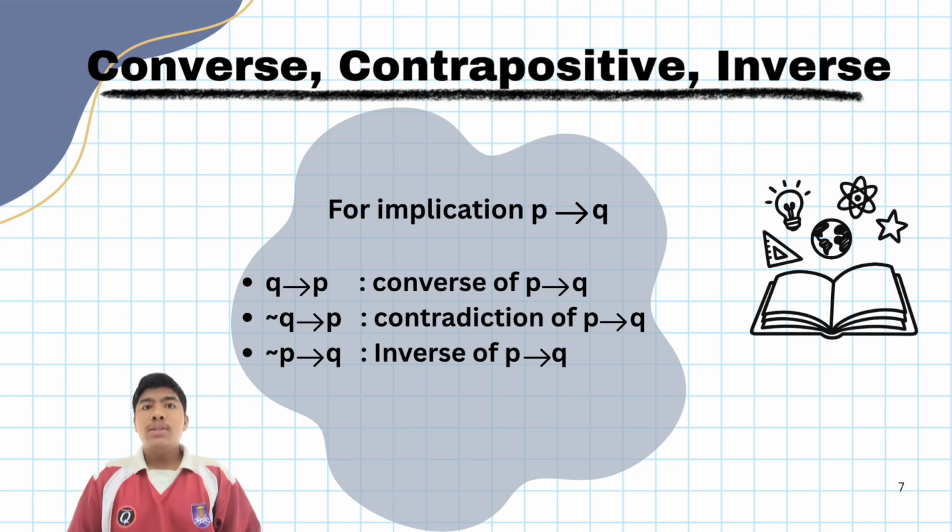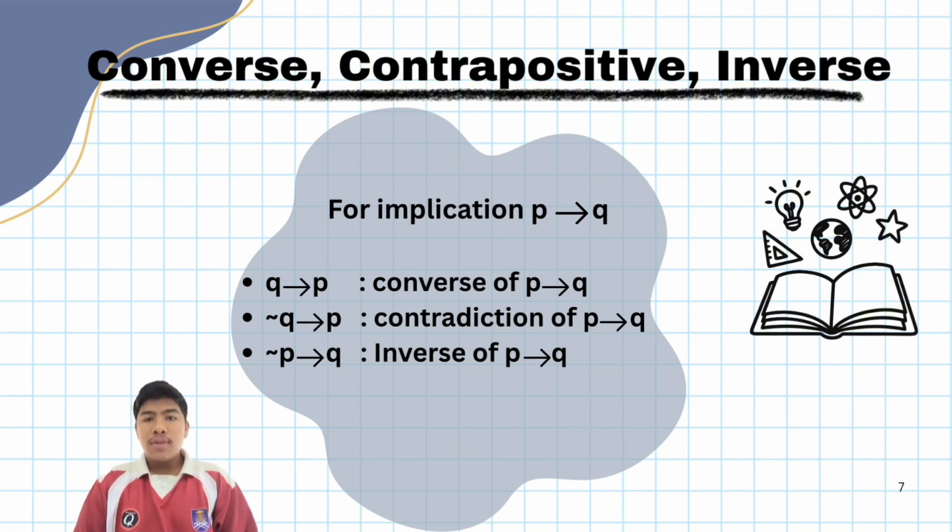Now, I will explain 3 logical forms of an implication, which are converse, contrapositive, and inverse. I will start with the original implication, P implies Q, which means if P then Q. First, the converse is formed by switching P and Q, so it becomes Q implies P. Next, the contrapositive is formed by negating both P and Q and reversing their positions, which gives not Q implies not P. This form always has the same truth value as the original implication.